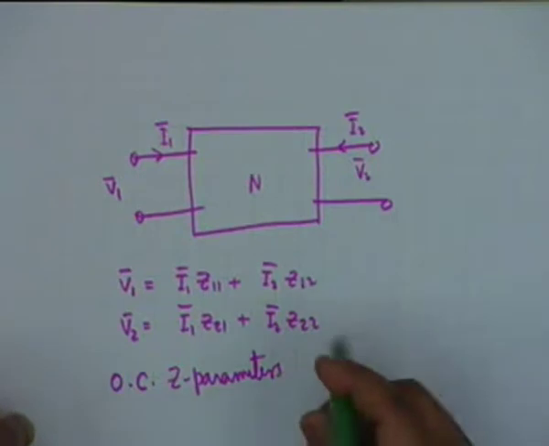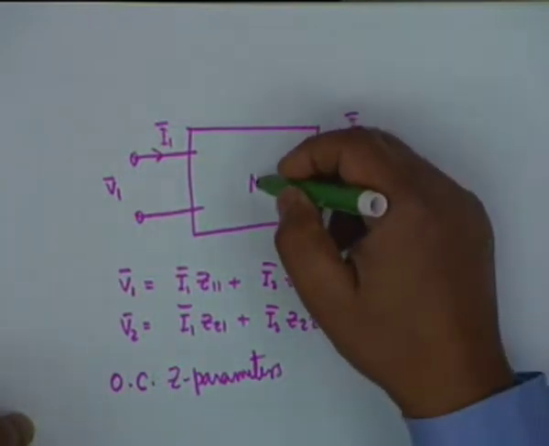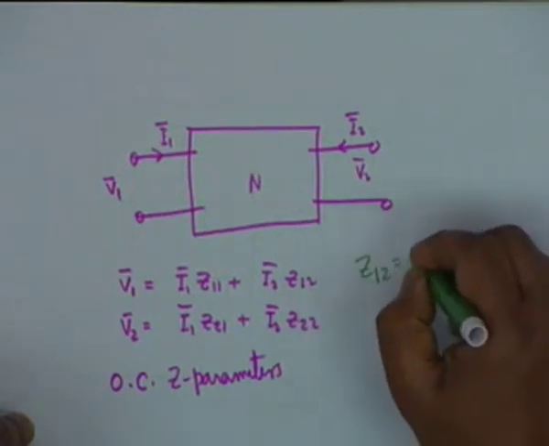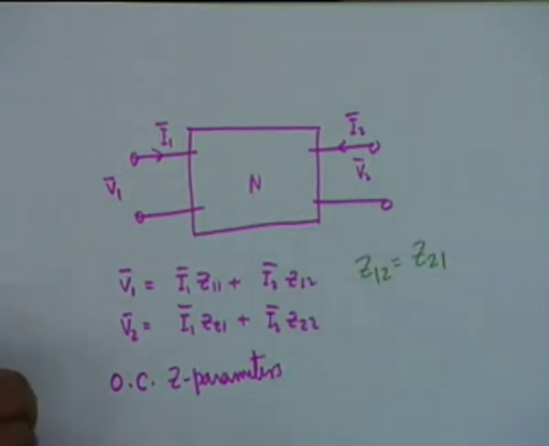And you also know that because of reciprocity, if capital N is a reciprocal network, then the two transfer impedances are equal. Z12 is equal to Z21.